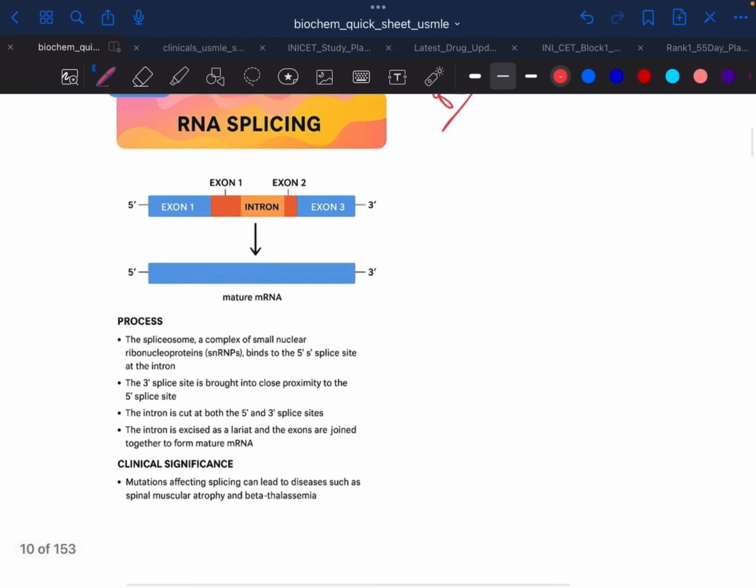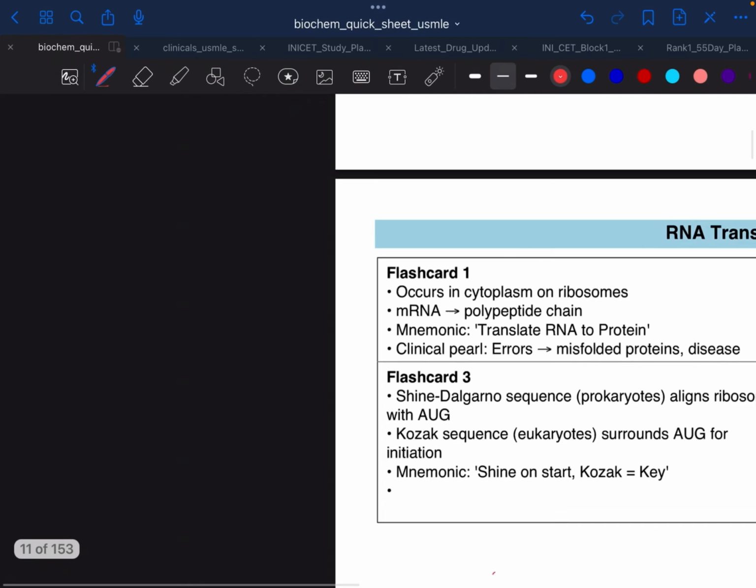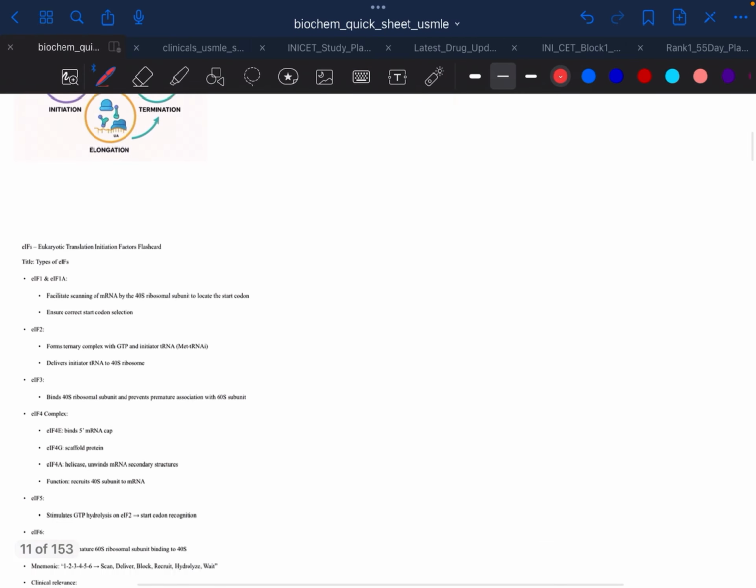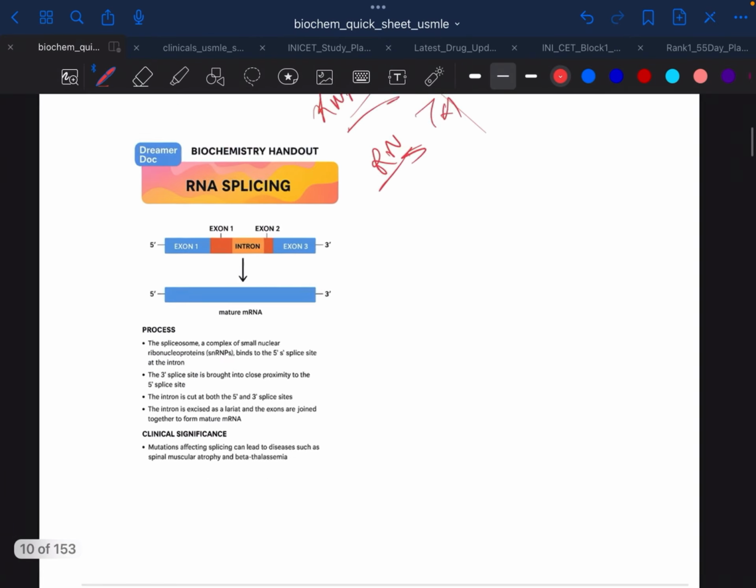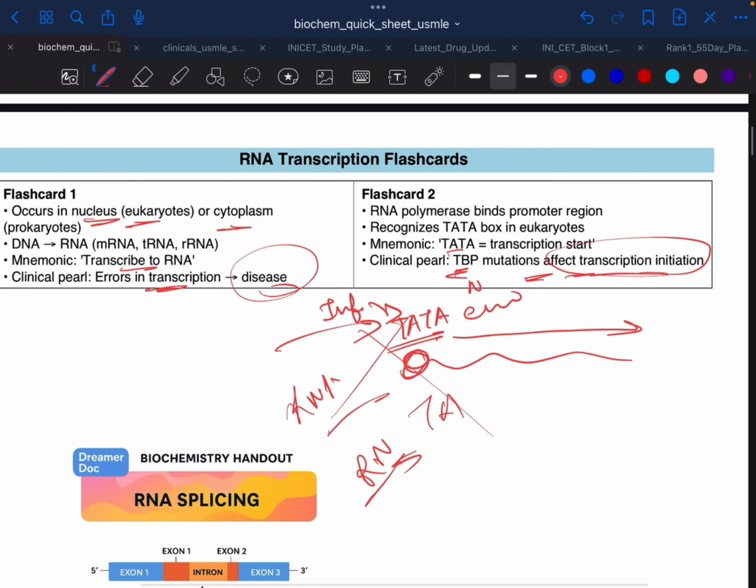So let's see next. I have told in very short, but this is a big process. Okay, big process, but from an exam point of view, this transcription process has no such importance unless it is asked in a way of clinical importance, like in the sense of any diseases.